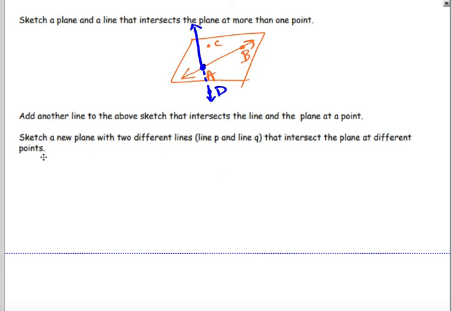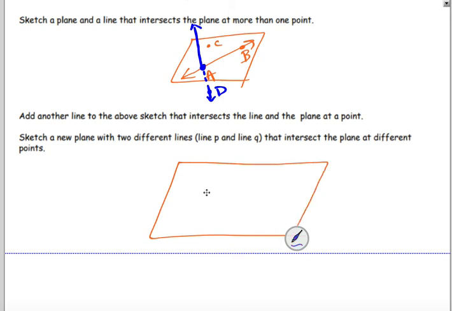Now underneath here it says sketch a new plane with 2 different lines, line P and Q, that intersect the plane at different points. So they're intersecting the plane at points that are going to go through it like the blue line, and they're not going to be inside of the plane like the other line. So just throw a plane on there. We just want to go through the plane in different points, and they gave us shortcut names for these lines.